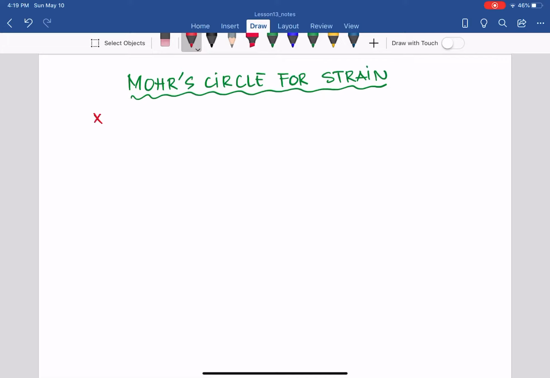It is analogous to stress that we learned in the previous class, and it allows determination of shear and normal strains on any plane.